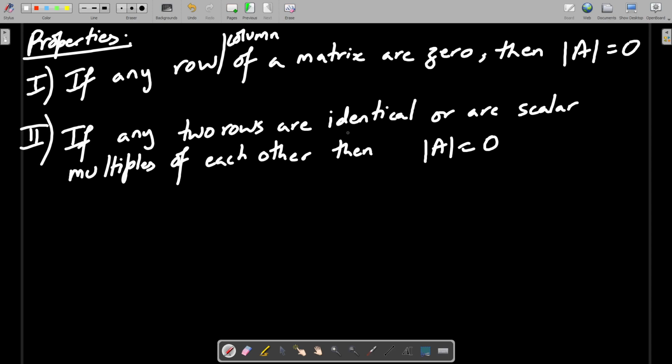In the same way, for the first property, if you have one entire row or column identically equal to 0, your rank is less than n and hence the determinant is 0. What I'm saying for rows is also true for columns, so you can write columns here in brackets.